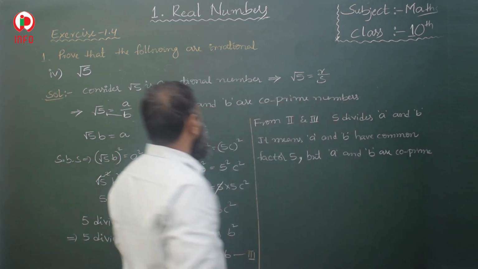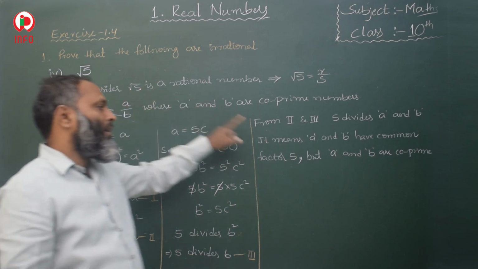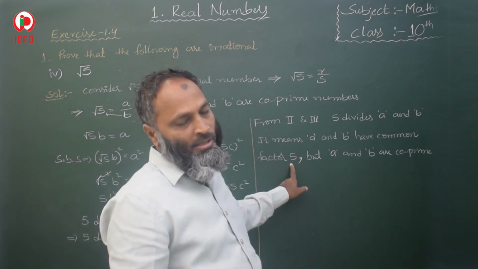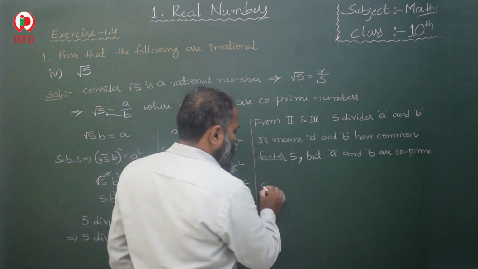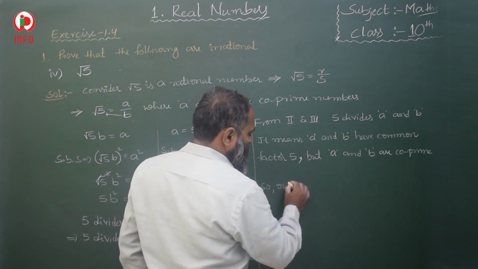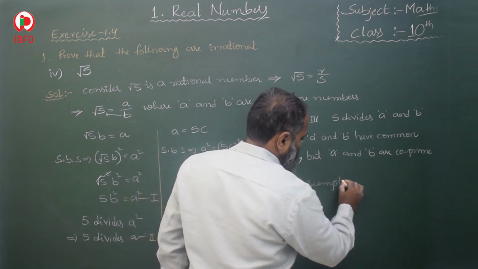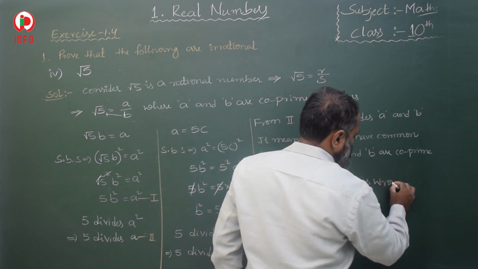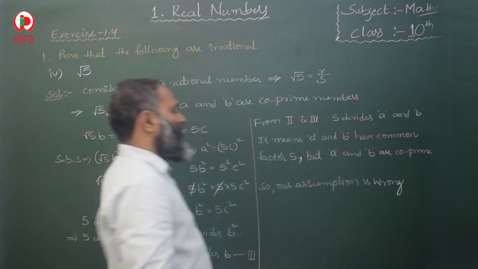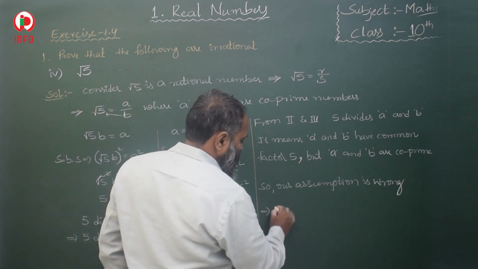Coprime means they have only 1 as a common factor, but here we are getting 5 as a common factor. So this is not correct, our assumption is wrong. That implies root 5 is an irrational number.